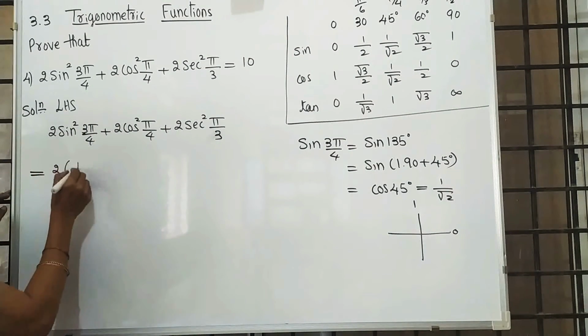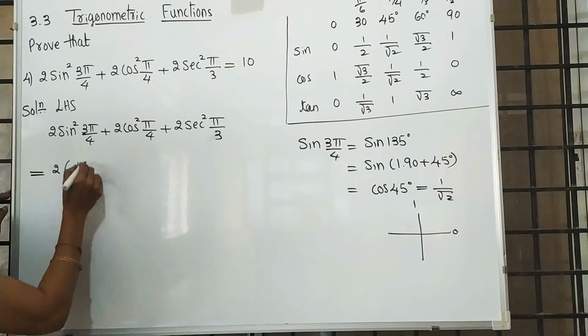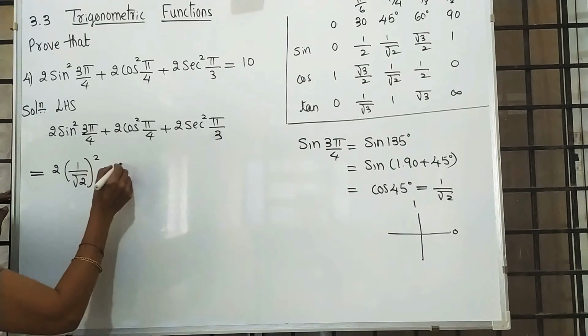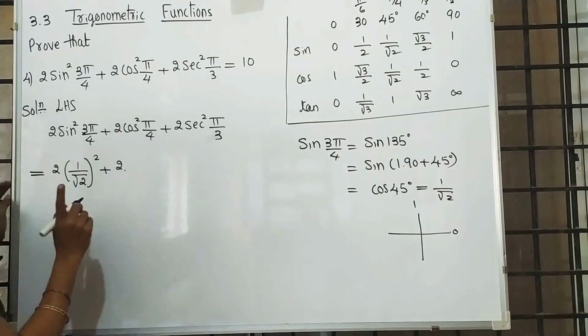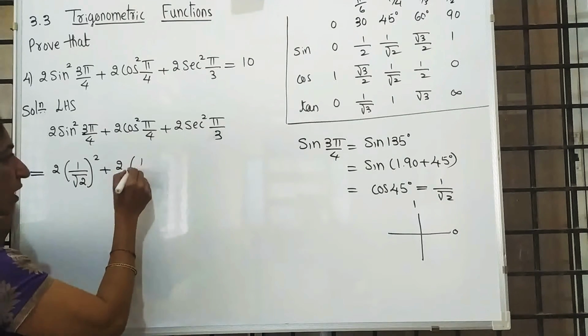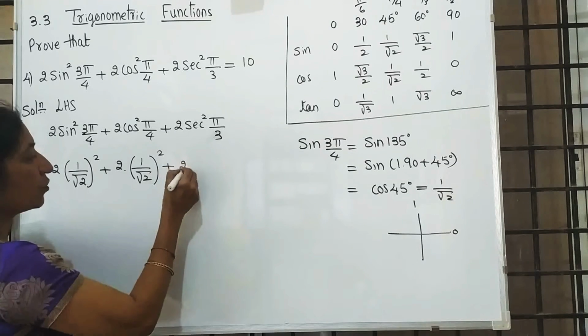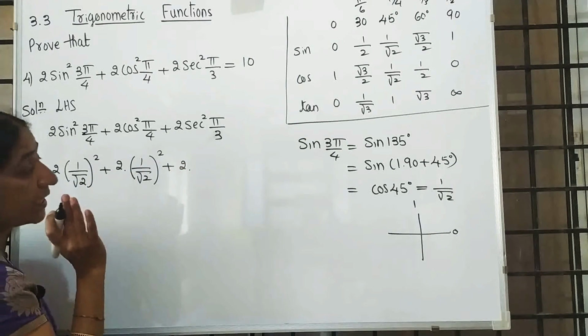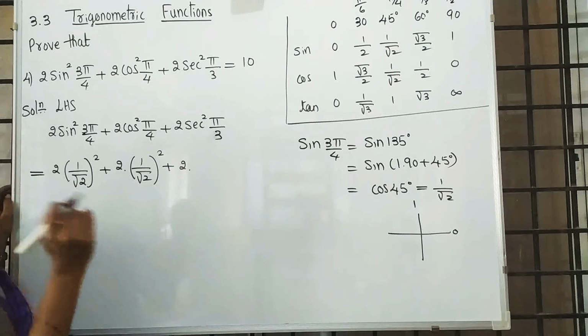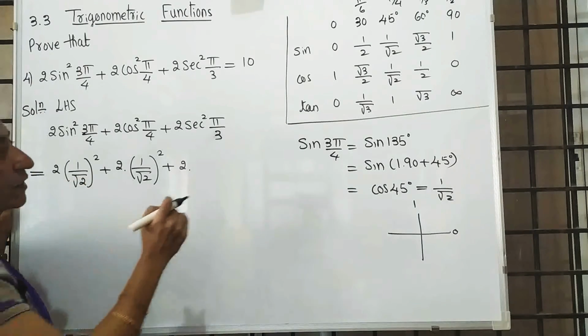2 into 1 by root 2 whole square plus 2 into cos 45 is 1 by root 2, again square, plus 2. And you know that to write a sec value we have to see cos, because reciprocal of cos is sec.